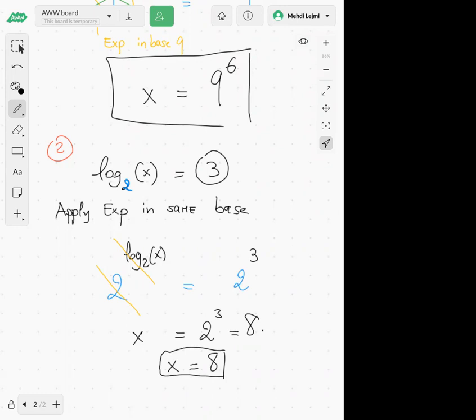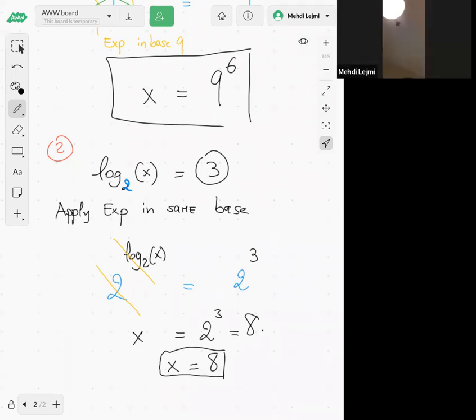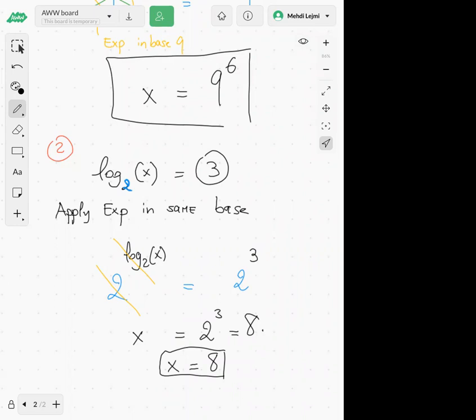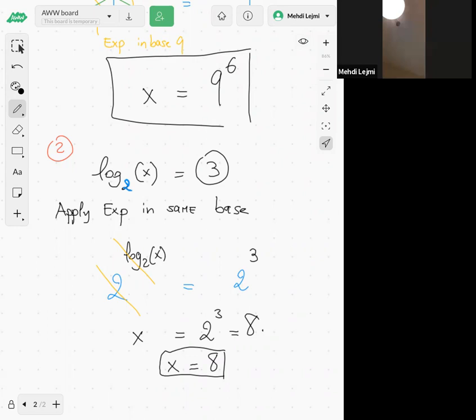Yes, but you have to put the process. You mean you have to explain the steps? Yeah. Here I didn't compute the 9 to the power 6 because it's a very large number. But yeah, you have to compute your power, and that will be your answer.